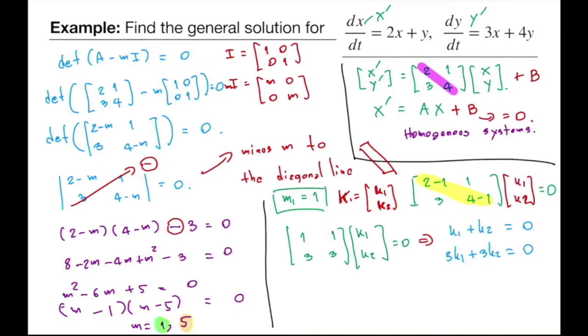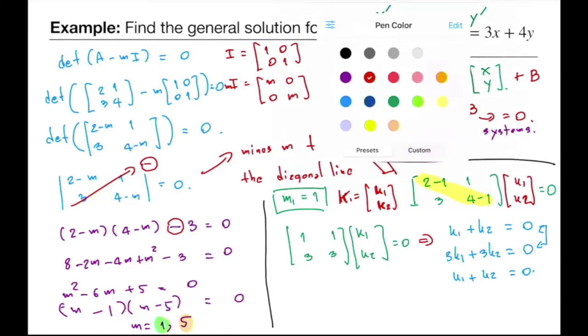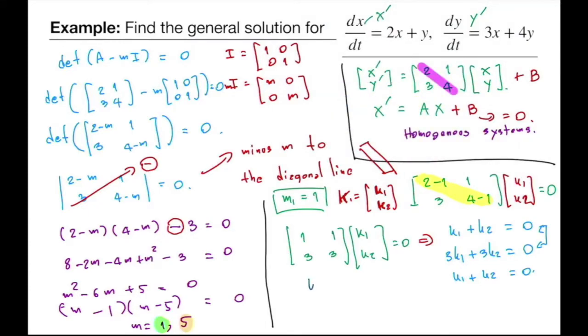As you can see, these two equations are the same, because if I divide this equation by 3, I will get k1 plus k2 equals 0 as well. In that case, we have that k1 is minus k2.